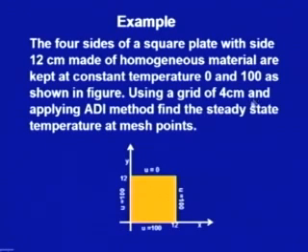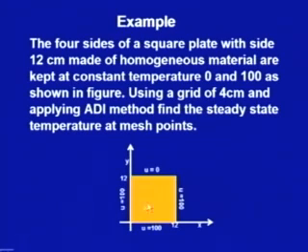Using a grid of 4 centimeter and applying this ADI method, alternating direction implicit method, find the steady state temperature at the mesh points. The temperature is being kept at 100 degree centigrade on 3 sides, and on the upper side at 0 degree centigrade. We have to use this 4 centimeter grid, and the total is 12 centimeter.